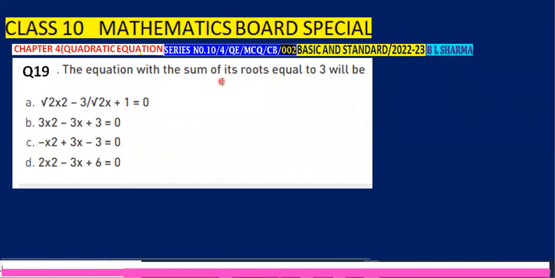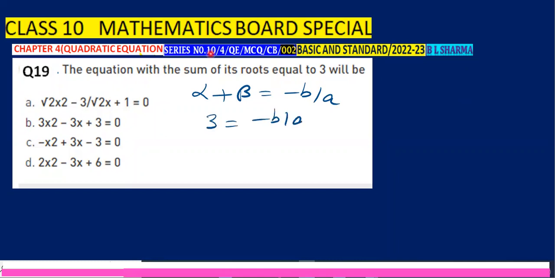The equation with the sum of its roots equal to 3 will be. First of all, we know that sum of zeros or sum of roots is given by minus b upon a. Sum of roots is given here 3 and this should be equal to minus b upon a.